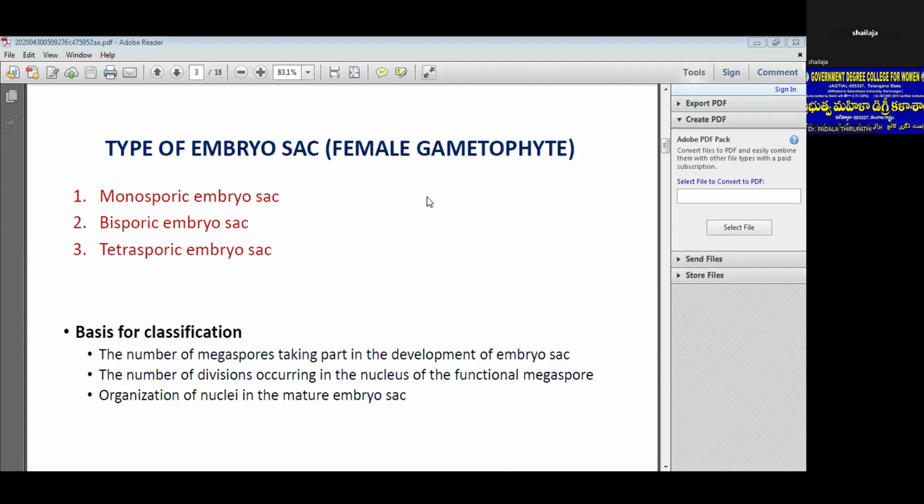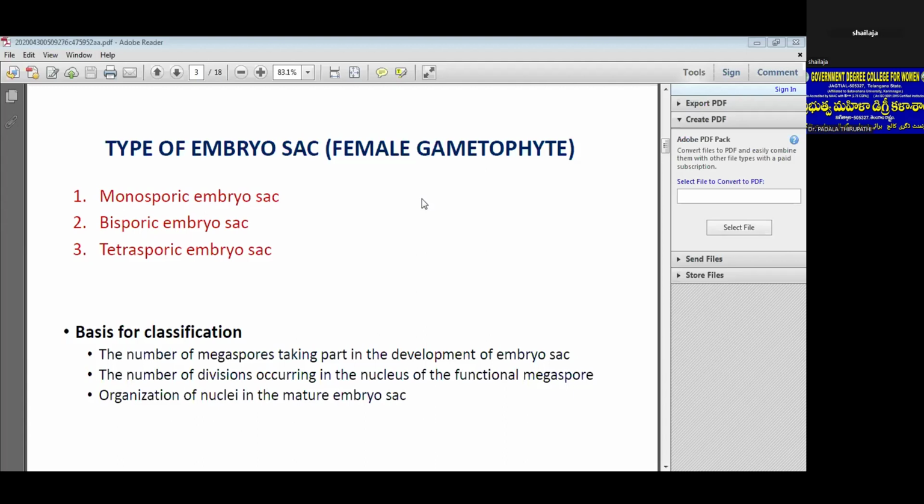However, in many cases, 2 or all 4 megaspore nuclei take part in the development of the embryo sac. Three types of embryo sacs have been recognized on the basis of the number of functional megaspore nuclei taking part in the development of the embryo sac. When 4 megaspore nuclei take part, it is called a tetrasporic embryo sac.